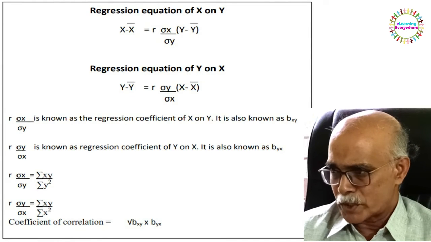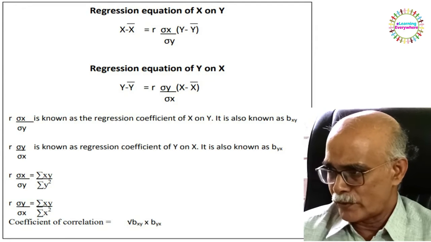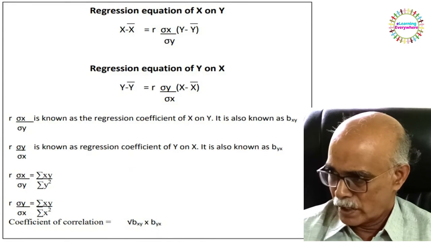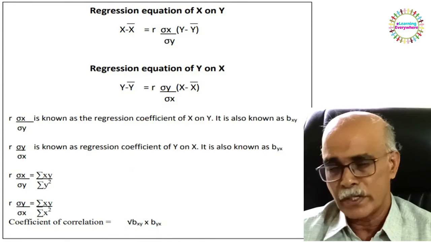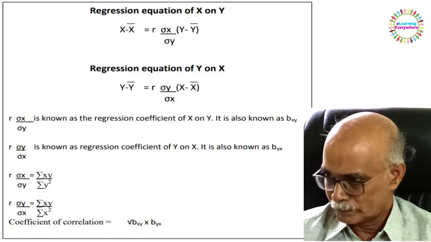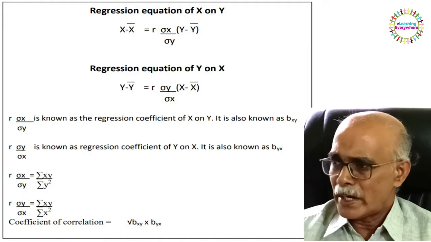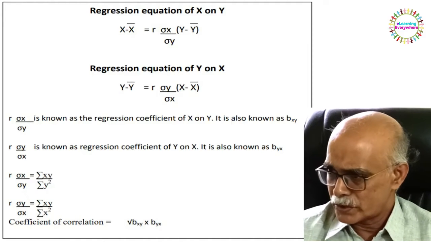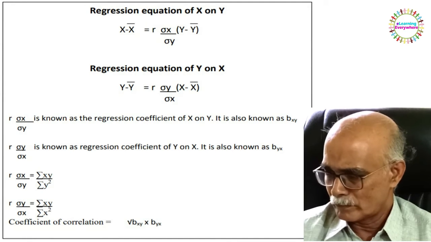And r sigma y by sigma x is known as the regression coefficient of y on x, also known as byx. You can calculate these two regression coefficients.